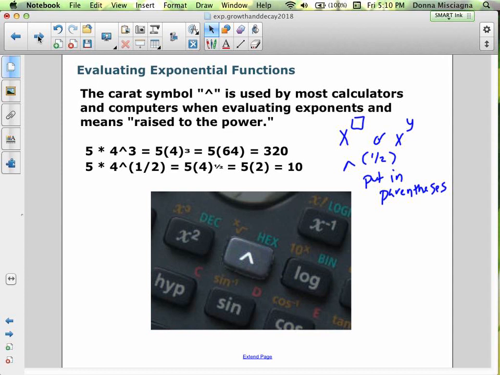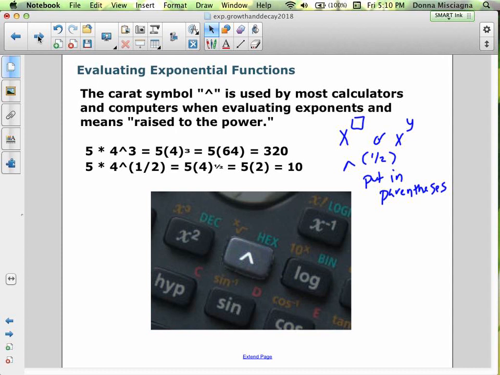But if you have an older calculator or one of the non-graphing calculators, you definitely have to put parentheses around that exponent. The calculator will raise 4 to the 1/2 power, which is the same as the square root of 4, which is 2, times 5, which is 10.